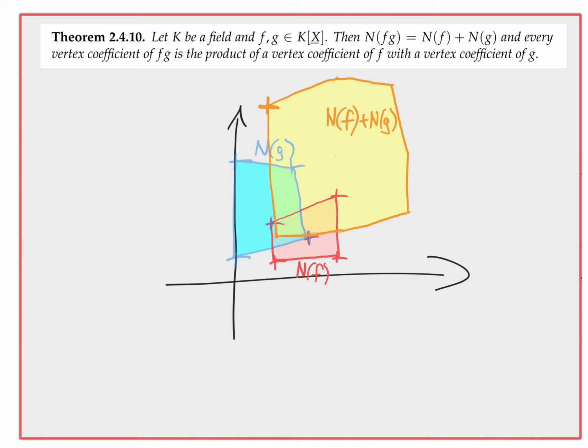Or you can multiply this monomial with this monomial, and this probably gives you this one. And so on. This with this gives you this, and this multiplied with this gives you this, and so on.